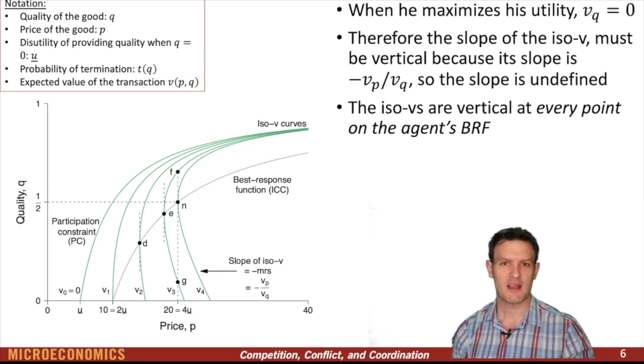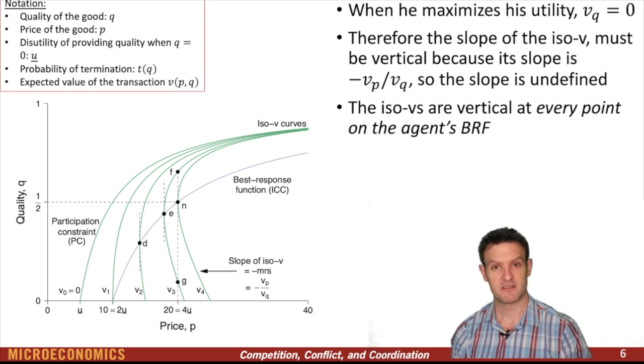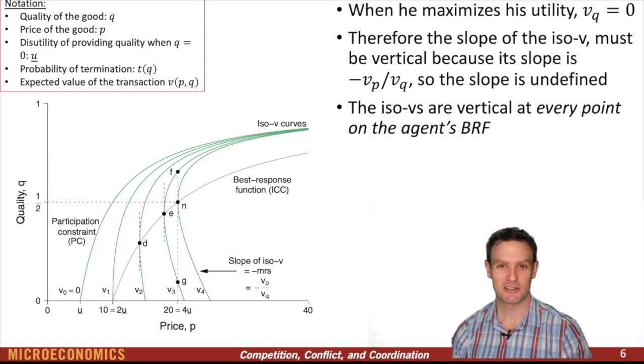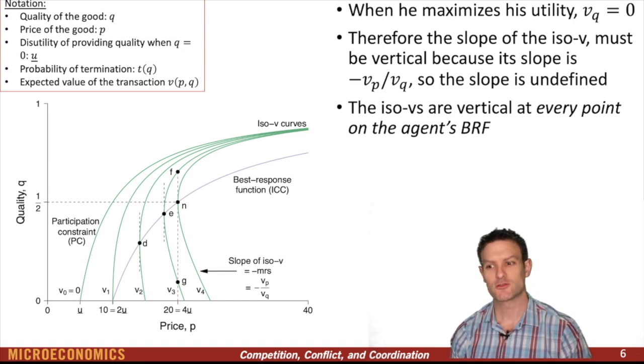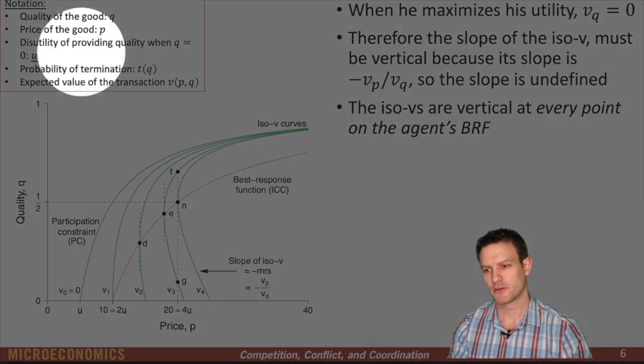Well, the slope of the isovalue curves is equal to minus V sub P over V sub Q. If that's the case, then when we divide by 0, minus V_P over 0, the slope is going to be undefined at that point. That's only going to happen when the slopes are vertical. And that's what we see at points on the curve.